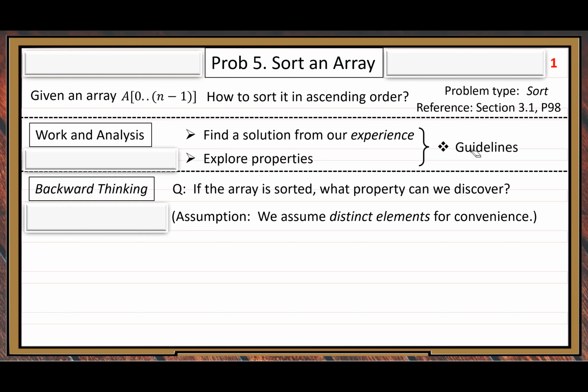Question. So is the backwards thinking like we're starting with the simplest possible answer? All right, so here it's different. When we have a complicated situation, then we need to start with the simplest. Here we haven't, because here we try to discover some property. We want to look at the whole picture. If you look at a simplest case, one or two elements, then you do not have a global view.